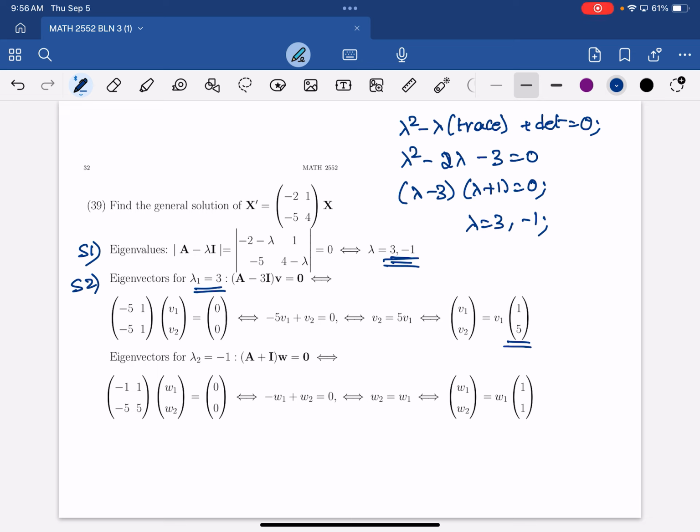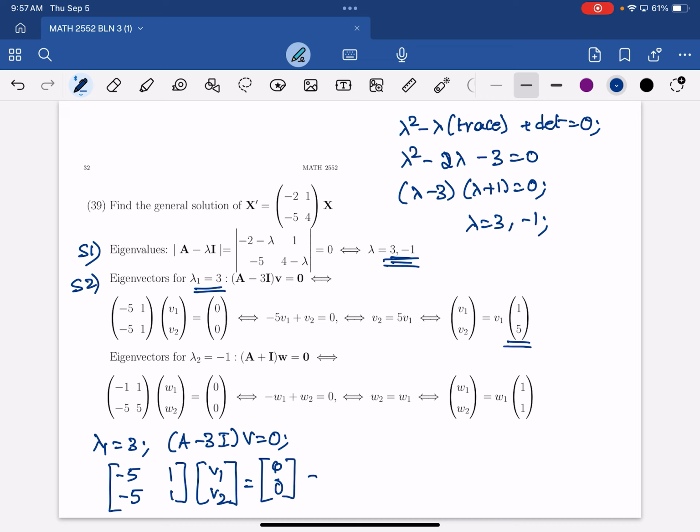When lambda 1 equals 3, I'm going to do A minus 3I times v equals 0. That means subtracting 3 from the main diagonal. So I get negative 5, 1, negative 5, and 4 minus 3 is 1, times v1, v2 equals 0, 0.